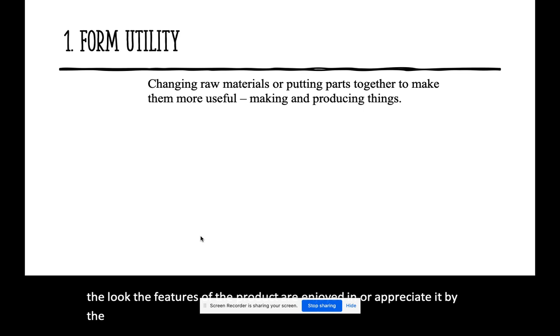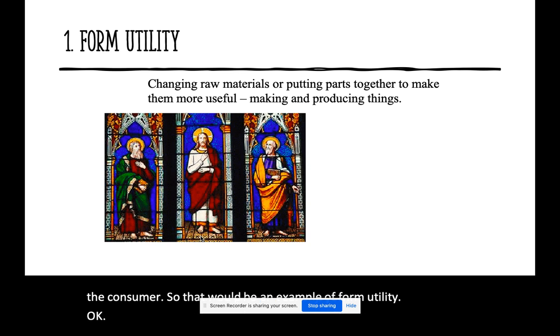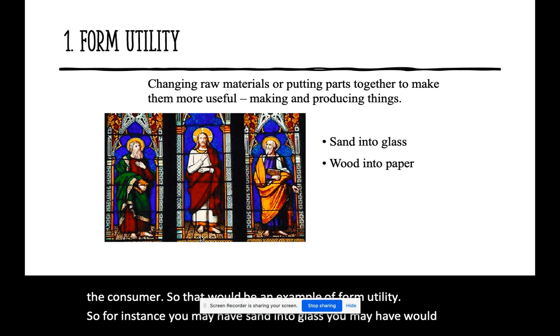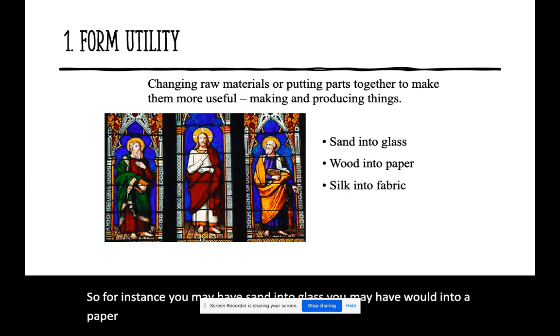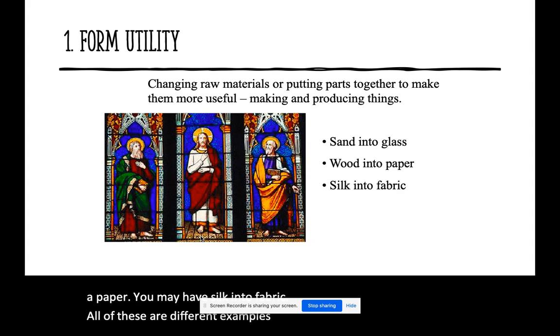So that would be an example of form utility. Okay. For instance, you may turn sand into glass, wood into paper, or silk into fabric. All of these are different examples of form utility. Okay.